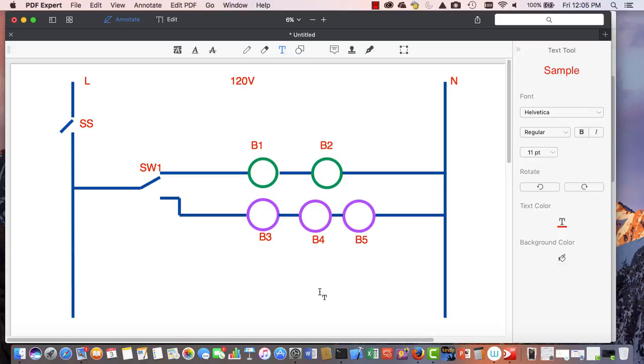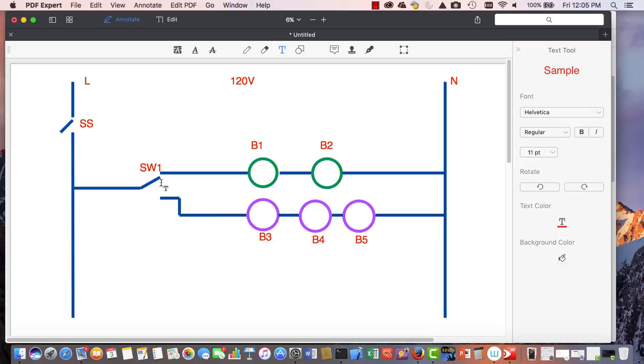So what we have here is our schematic 1. We have a single pole double throw switch controlling 2 bulbs in series and 3 bulbs in series. All 5 bulbs will never be on at one time because of how the switch works.